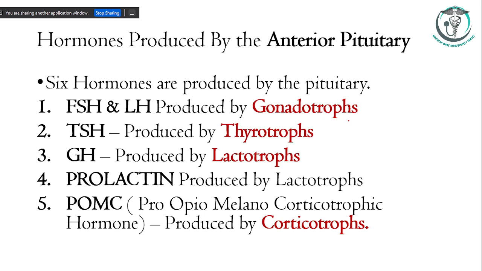It goes to the anterior pituitary gland and it will stimulate the cells. Now the cells that are stimulated are called corticotrophs. These corticotrophs will produce two hormones, melanotropins and corticotropins. Melanotropins will be used for the sleeping cycle plus the hyperpigmentation. Corticotropins are the ones that go for the adrenals.